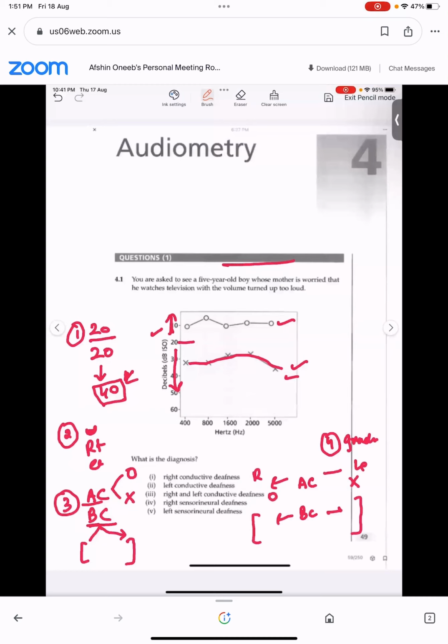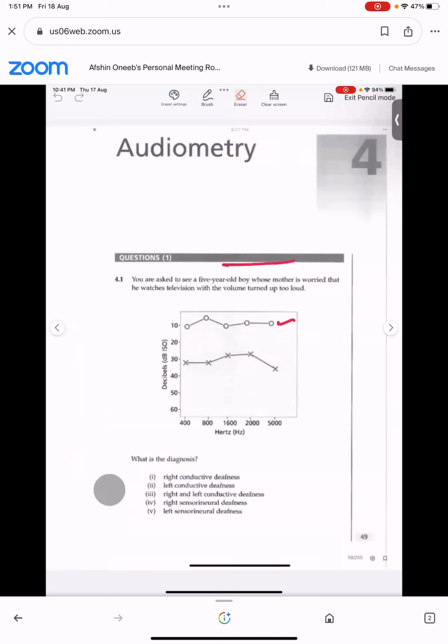Now look at this audiogram and tell me, what do you see? Where is the waveform? This one is above 20, that is normal, and this is below 20, it's abnormal. Okay, so what is this sign?